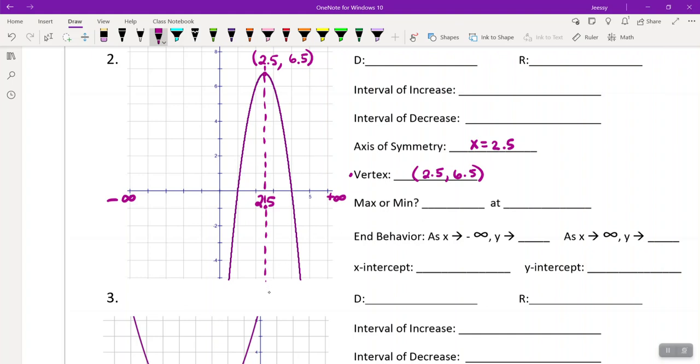Now you need to ask yourself from which x to which x, and we're looking at these three values. From which x to which x is the function increasing? Exactly. This is considered increasing from left to right. So from negative infinity to 2.5, we have an increase.